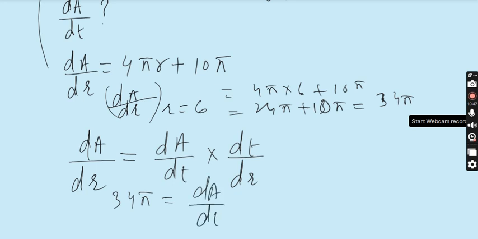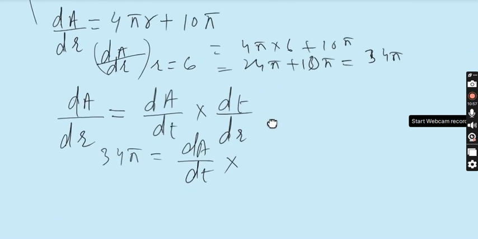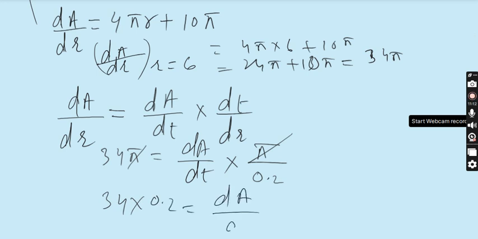For dA by dt we have to find dt by dr. In this question, dr by dt given is 0.2 upon pi, so dt by dr should be pi upon 0.2. So pi cancels pi and 34 must be multiplied by 0.2. So dA by dt is 34 multiplied by 0.2, which is 6.8.